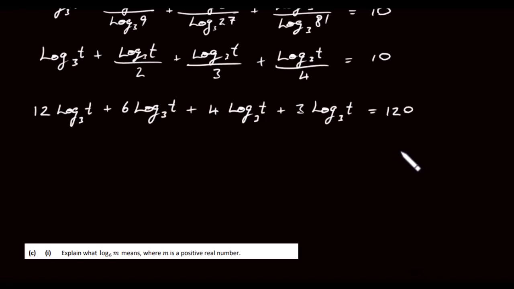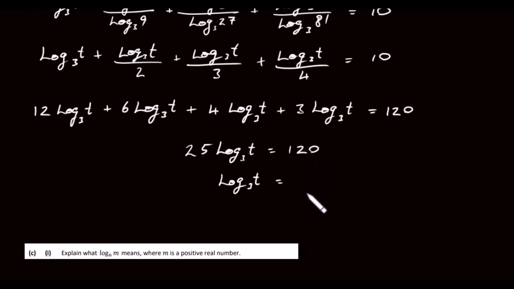Okay, so what have we got? We've got 12 plus 6 is 18, 19, 20, 21, 22, 23, 24, 25. So we end up with 25 of these log t's to the base 3, and that gives me 120. That gives me log t to the base 3 is equal to 120 over 25.